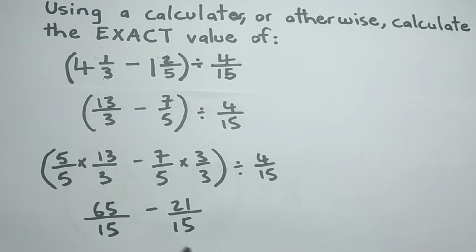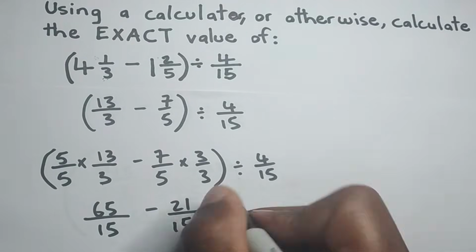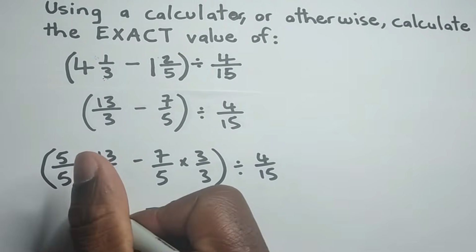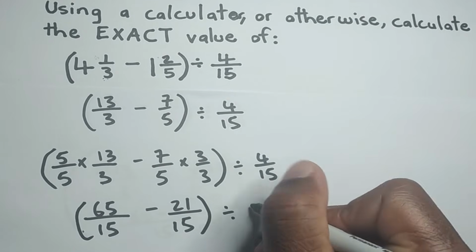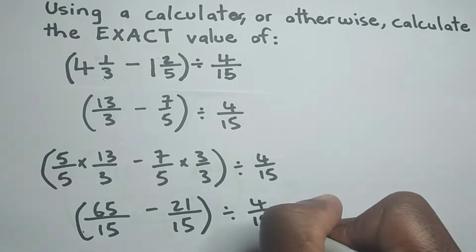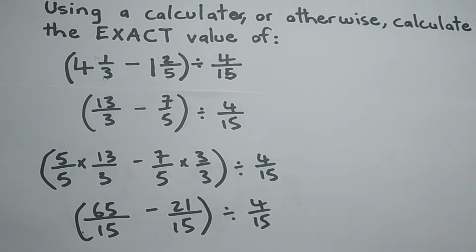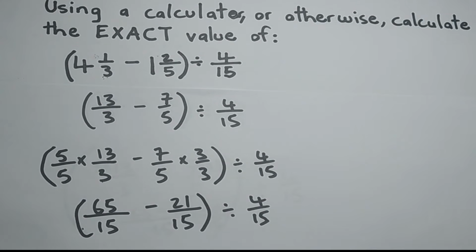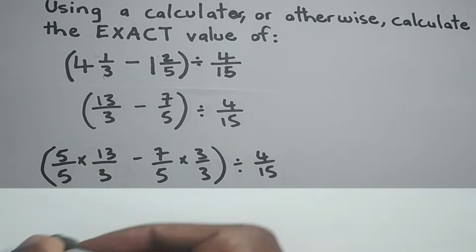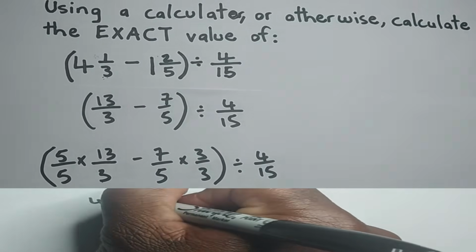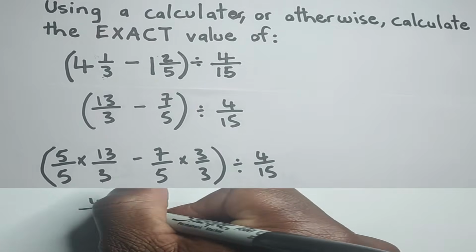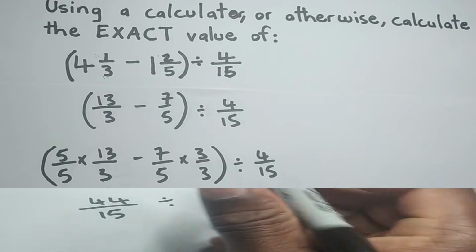Now we have common denominators. That's what we're working towards. Once we have common denominators, we can simplify the numerators and put that over the common denominator. So 65 minus 21, that's 44, over the common denominator, which is 15, divided by 4 over 15.